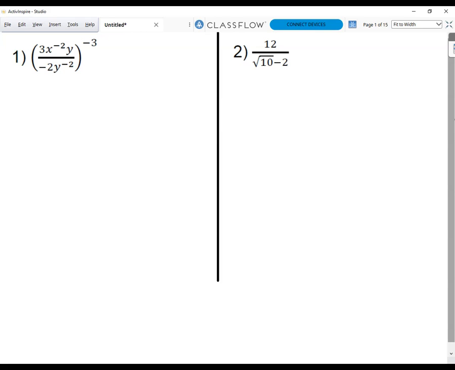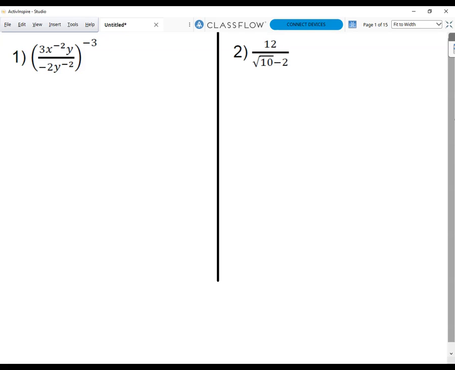So, problem number 1 is following the power rule. We have 3x to the negative 2y over negative 2y to the negative second, all raised to the negative third power. So remember, when you're following the power rule, this power of negative 3 on the outside gets distributed to everything.